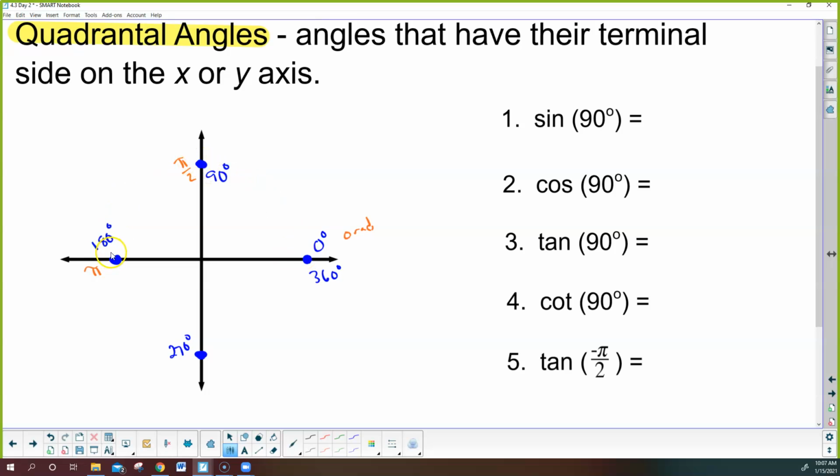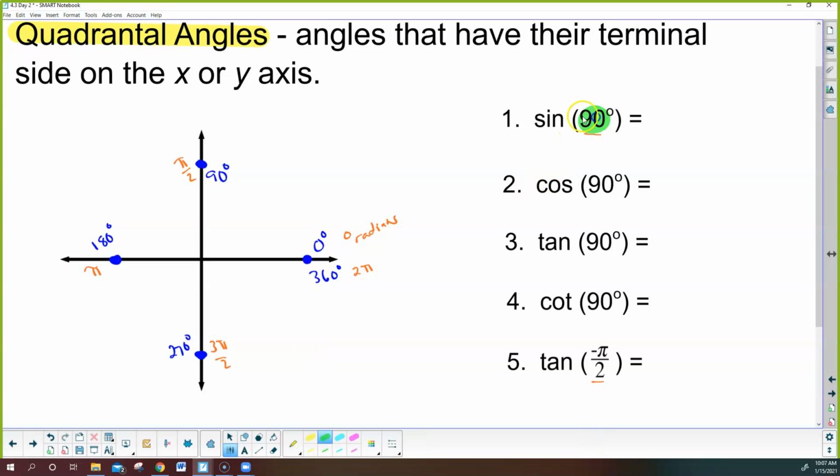So this was 2 pi over 2, 3 pi over 2, and then this would be 4 pi over 2, which ends up being 2 pi. So notice 90 or pi over 2, that's going to tell me where I'm located.